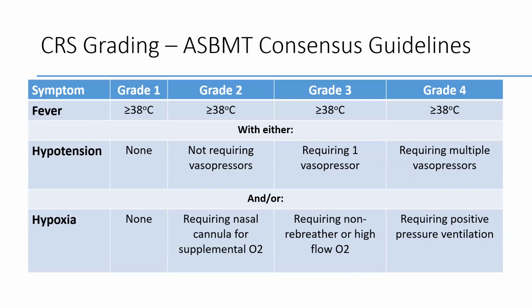In grade 3, there is fever with hypotension requiring one vasopressor, or requiring high-flow O2. In grade 4, there is fever requiring multiple vasopressors and positive pressure, the patient needs a ventilator. So this is the guideline for grading CRS.